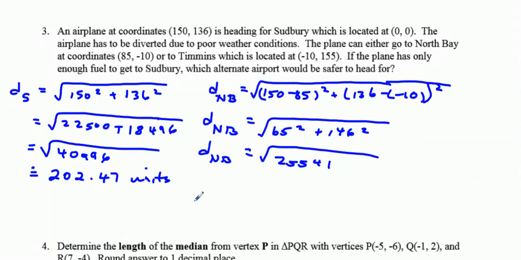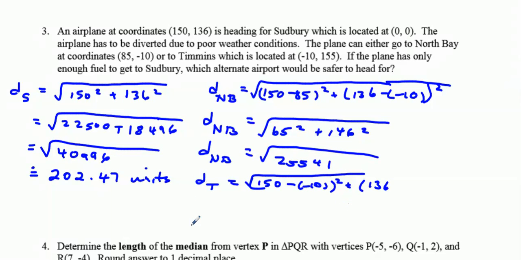Okay, let's find the distance to Timmins. So that's going to equal, again, 150 minus 10 squared plus 136 minus, where's Timmins? Minus 155 squared. Make sure you're covering your entire number there with the radical sign.